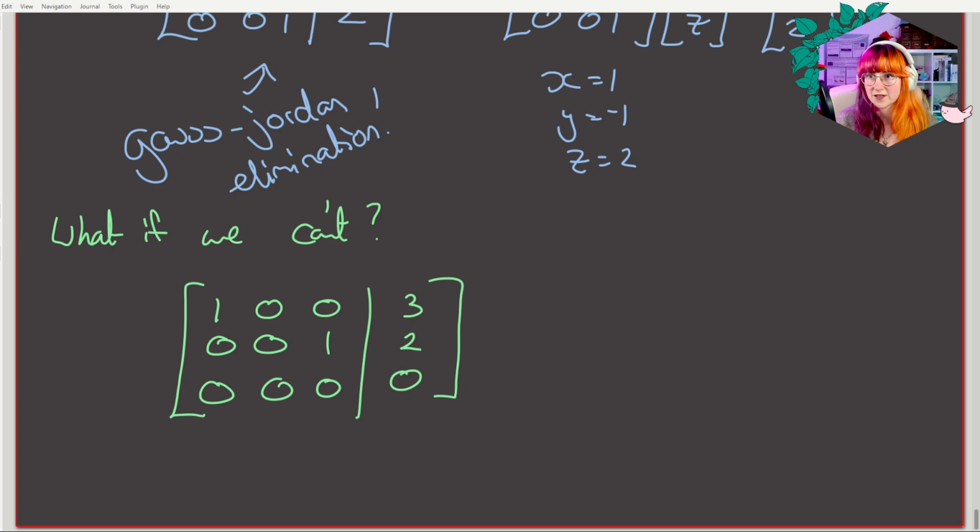Somehow we've ended up with this in a 3D system. And what that would tell me is that x is 3, y is 2, and z can be anything. It's undefined.